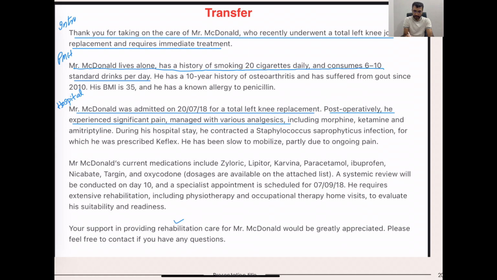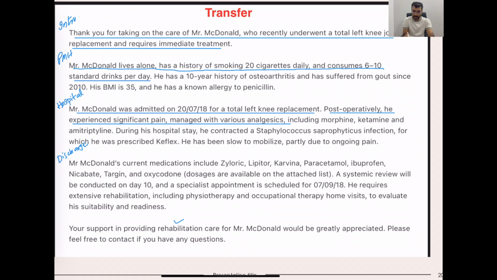Then, the patient's discharge medications. You can say discharge medication or maybe just simply the medications, because we are transferring the patient for rehabilitation. So definitely we will include them. We will give some kind of medication to the patient when we are discharging from here.